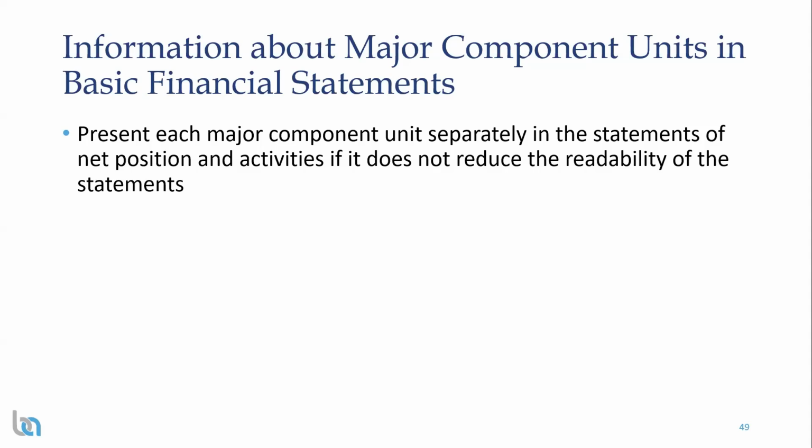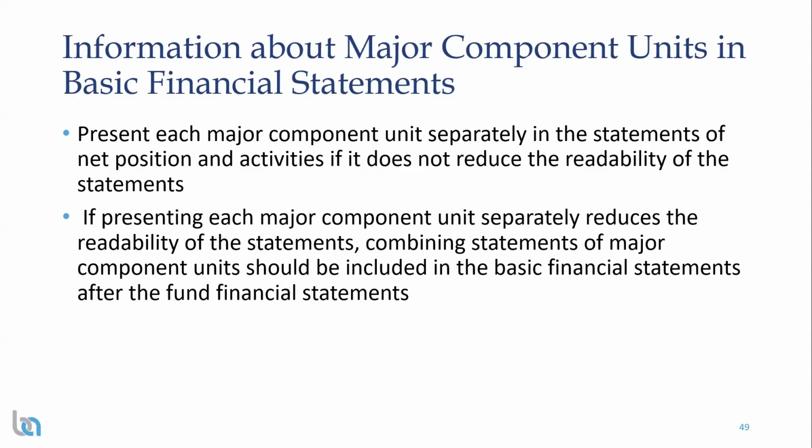Your government-wide statements are already very wide and you're going to add a few more columns, then it becomes a problem. So here they're saying if it does not reduce the readability of the statement. Even in the example they gave in GASB, they assumed that it reduces the readability and they used a combining statement approach. The combining statement approach is really saying that if it makes it hard to read, then just put one column for all discretely presented component units.